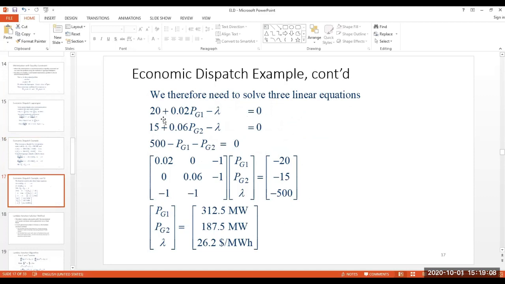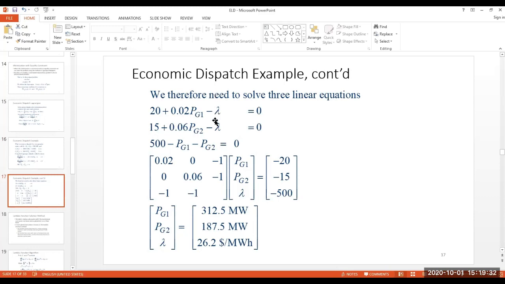So you formulate your matrix. You take PG1, PG2, and lambda as your unknown variables. You fill up the matrix with the corresponding coefficients, and of course take the constant values to the other side. In the first expression you have only PG1, its coefficient is 0.02. No appearance of PG2, so it is 0.